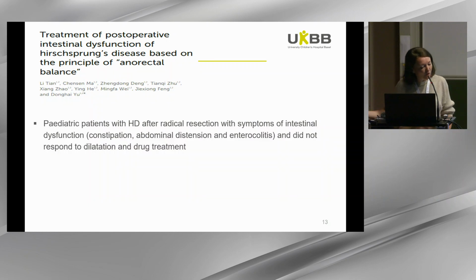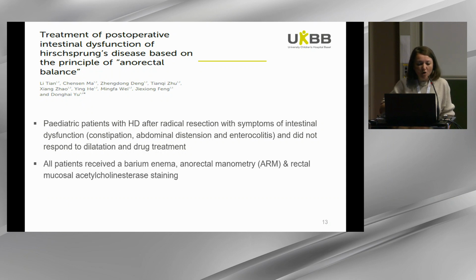So they suffered from constipation, from abdominal distension, and it says they did not respond to dilatation or drug treatment. All patients received a full workup. They received a barium enema, anorectal manometry, and they had a new set of rectal biopsies done.